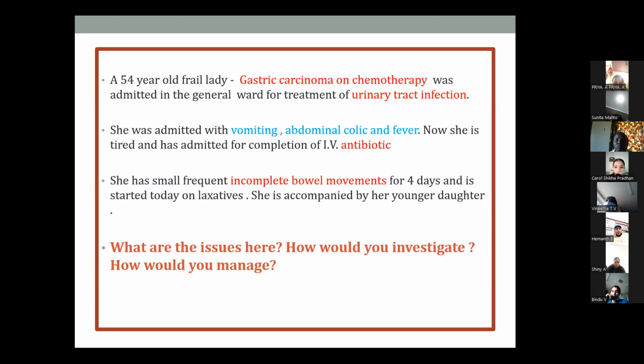So I just want you to read this case in your mind. There are some questions there. What are the issues? How will you investigate? How are you going to manage? I want you to take 1 minute to think about how you would manage this patient and keep your thoughts to yourself, because we are going to come back to this case after today's session.